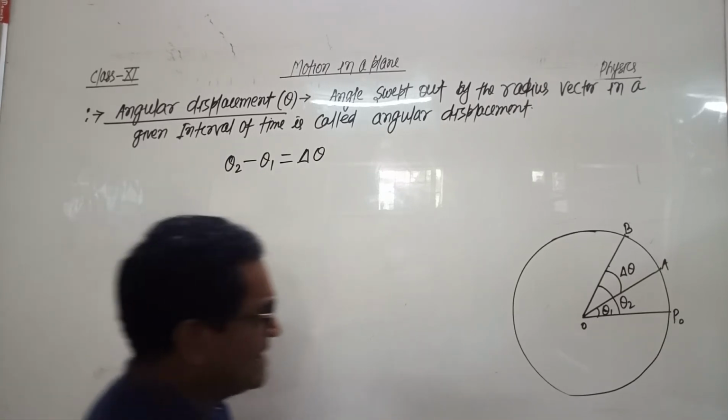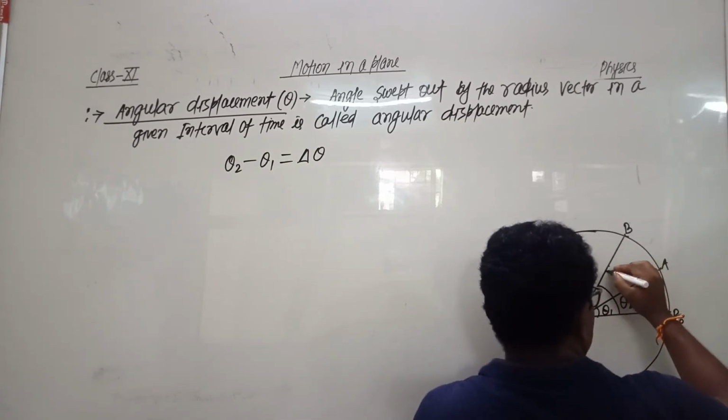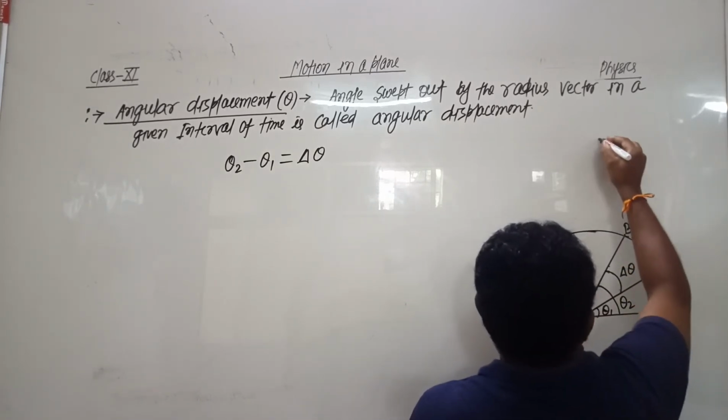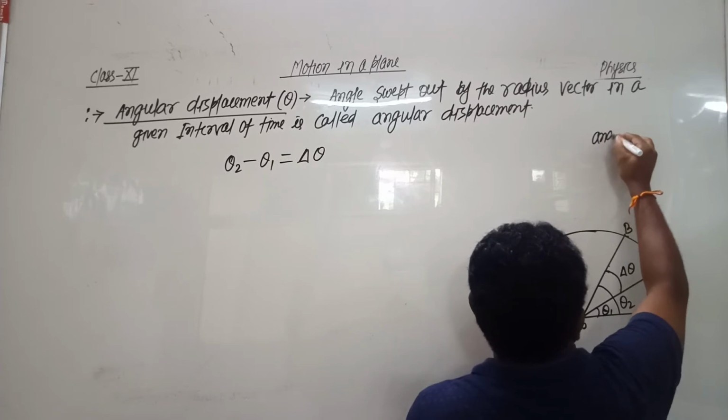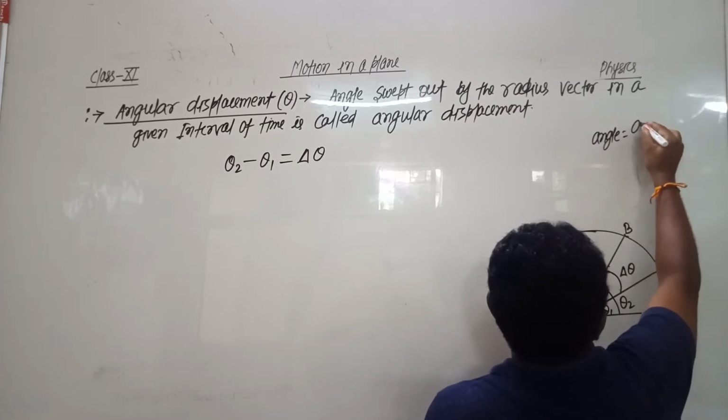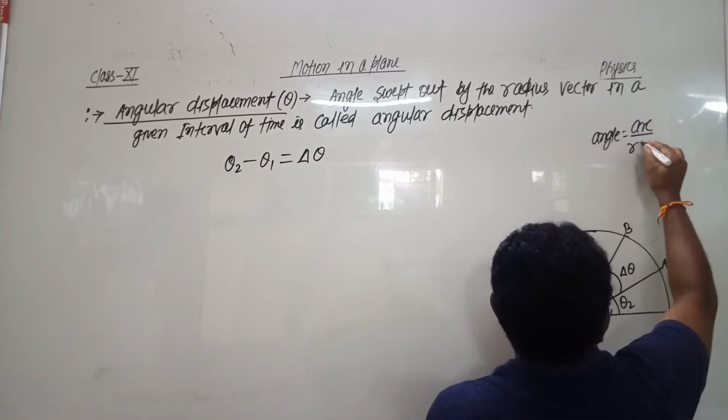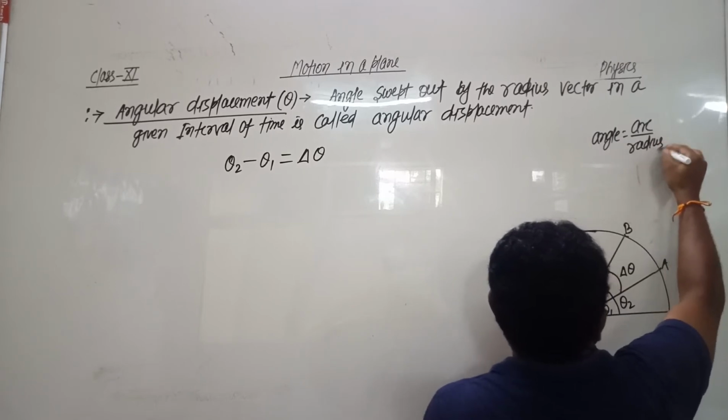This delta theta is an angle, and we know angle equals arc upon radius.